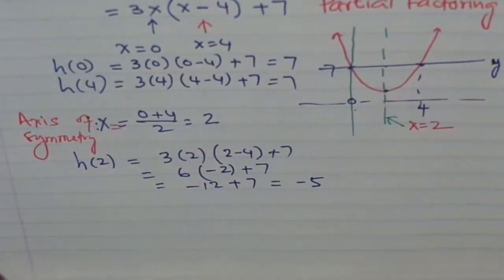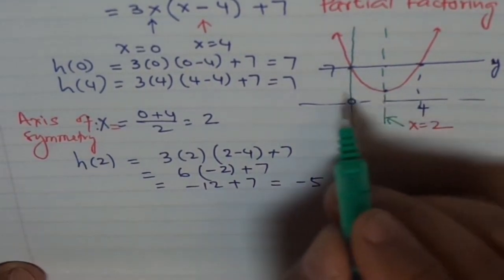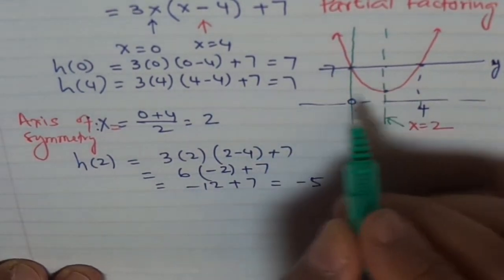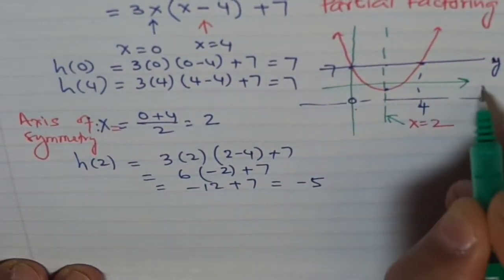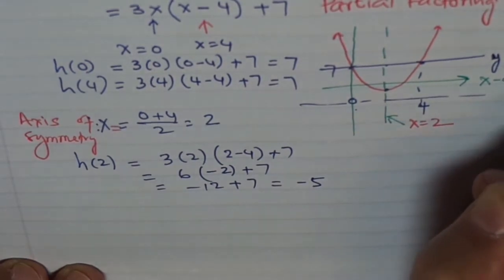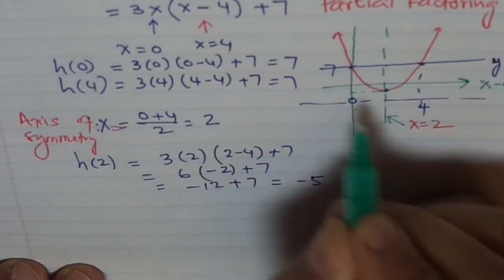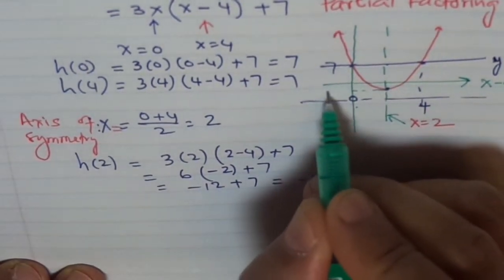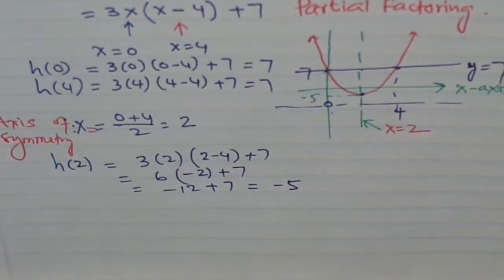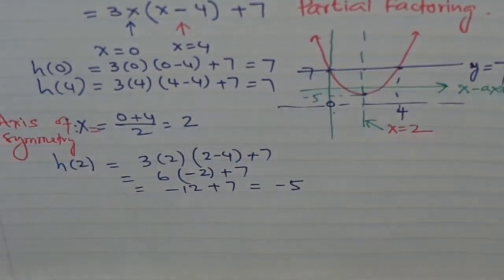So this point is minus 5. So this is our x-axis, and this point is minus 5. Do you get it now? So finally we have drawn our graph. That was a rough sketch.